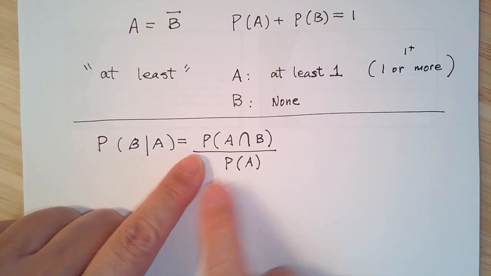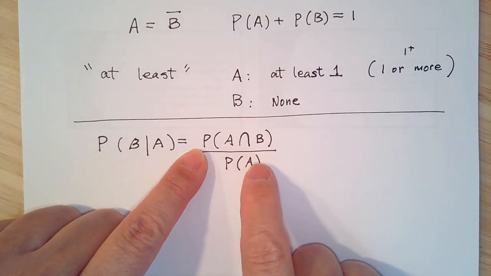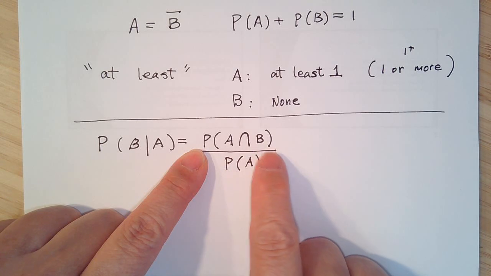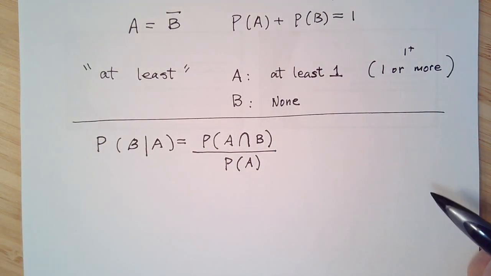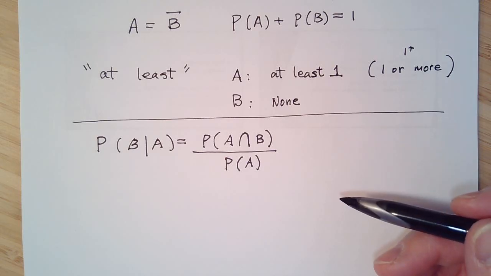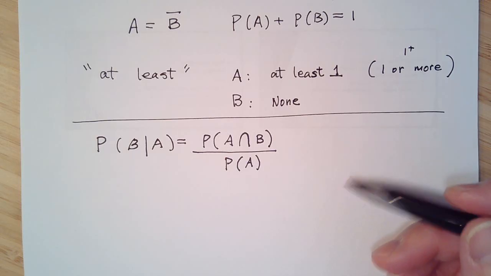B given A is P of A intersect B over P of A. I don't know if you remember that this is the definition of conditional probability.